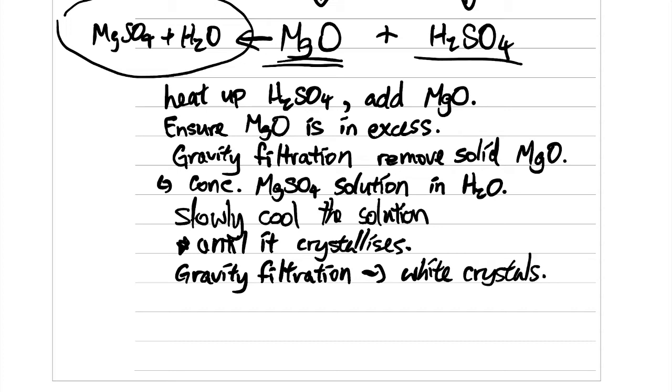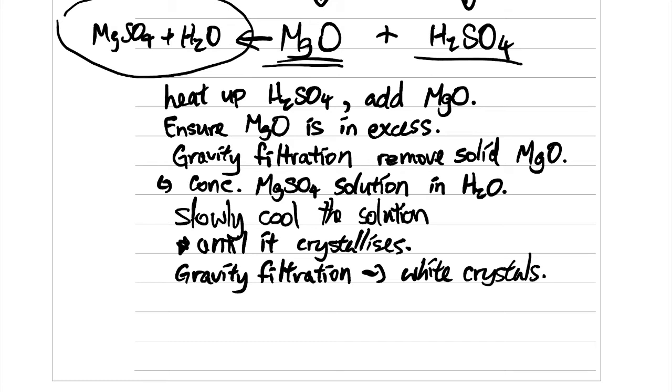If you have come across magnesium salts before, all of them are white in general, unless they're in some sort of weird complex situation that is beyond the scope of GCSE or even A level, so don't worry about them.